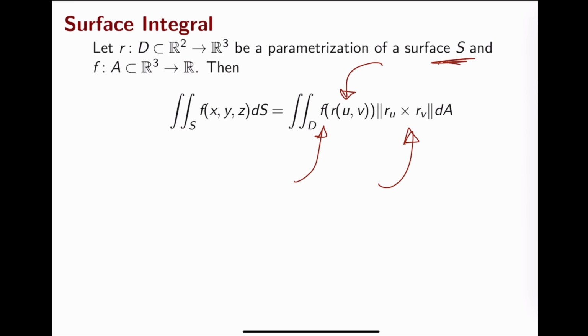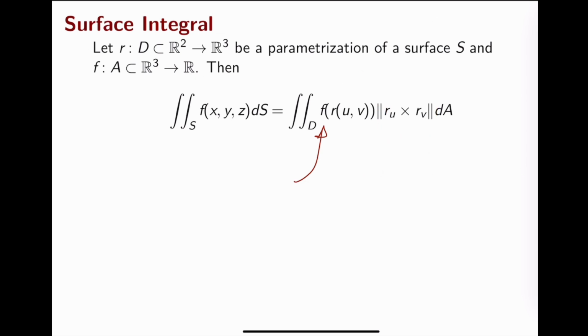The normal vector is calculated by the cross product of Ru and Rv that we have seen before, the ones obtained by calculating the partial derivatives.